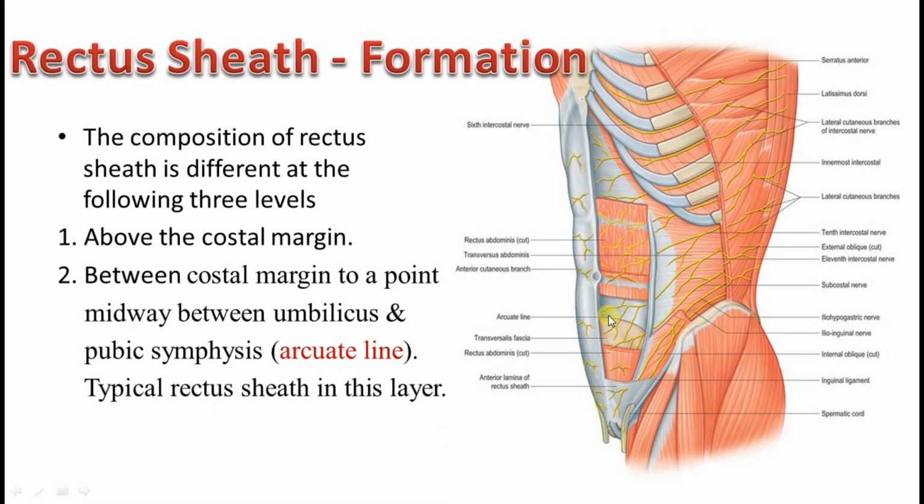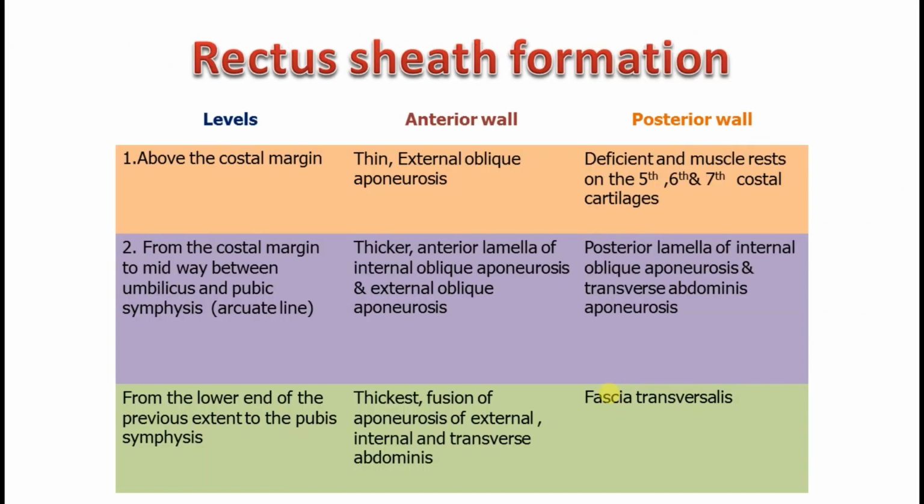Okay, so it is the typical rectus sheath, where you can see all the layers contributing equally and evenly. Then the third is below the arcuate line. So the rectus sheath composition is discussed under these 3 levels because it varies at these 3 levels.